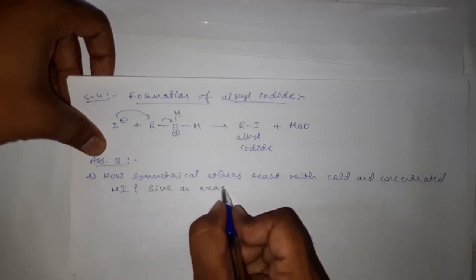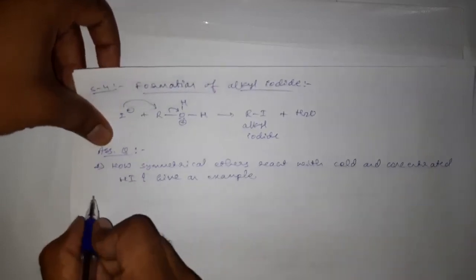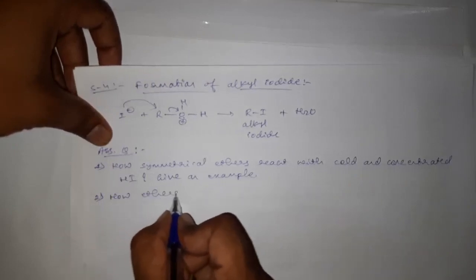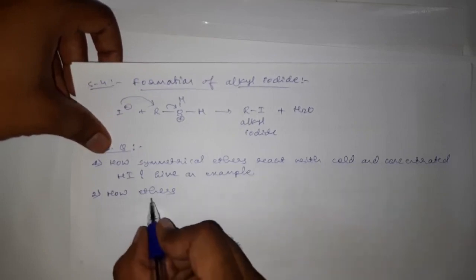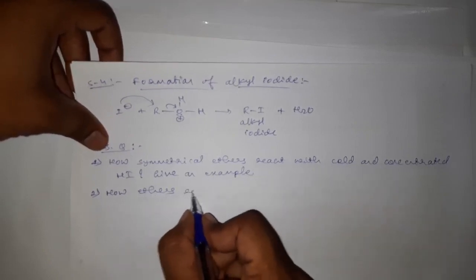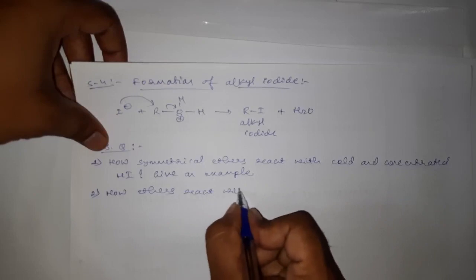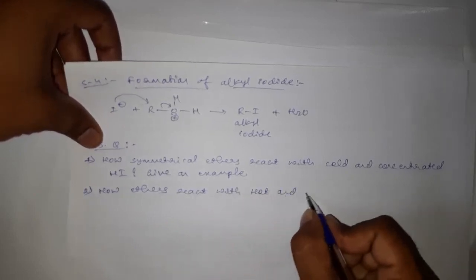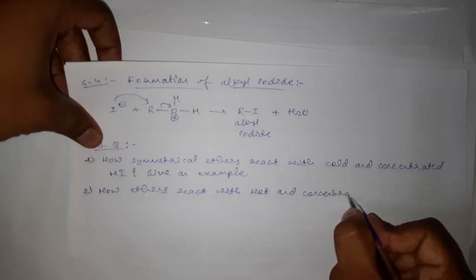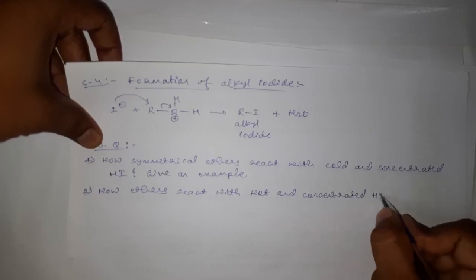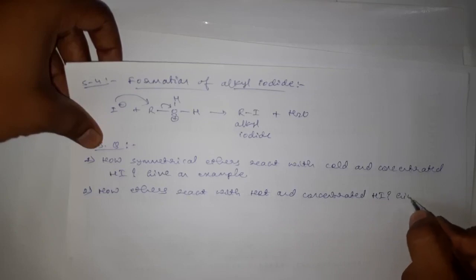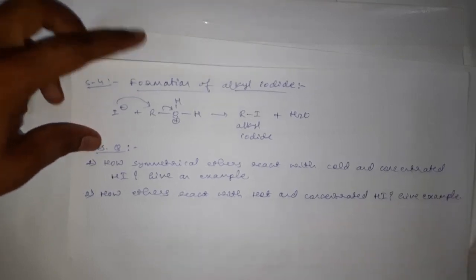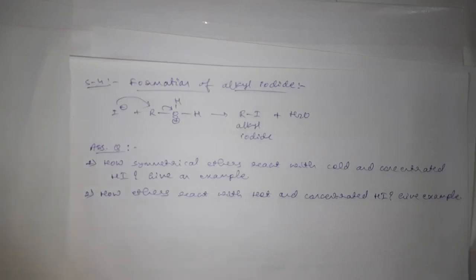Give an example. Then second one, how do ethers, whether symmetrical or unsymmetrical, react with hot and concentrated HI? Give an example. Okay, these 2 are the assignment questions.